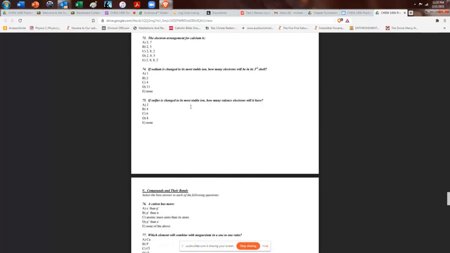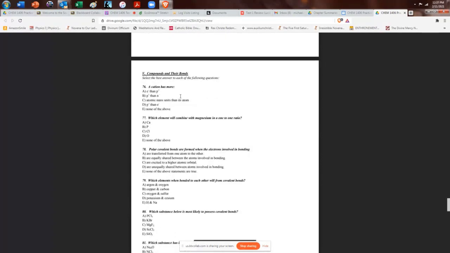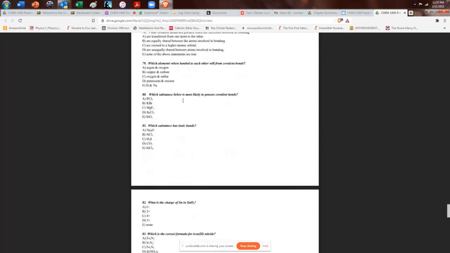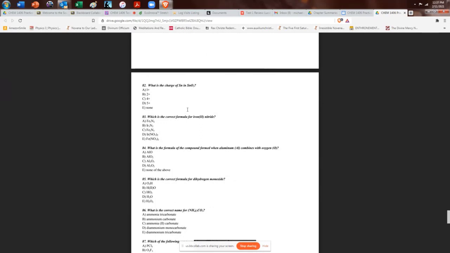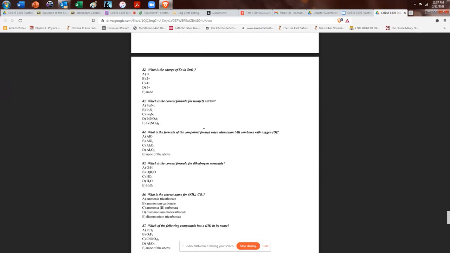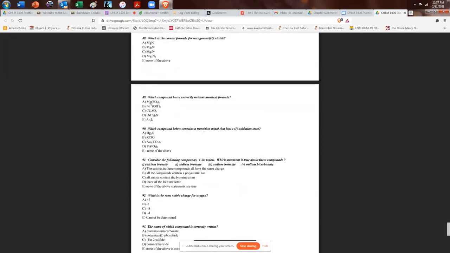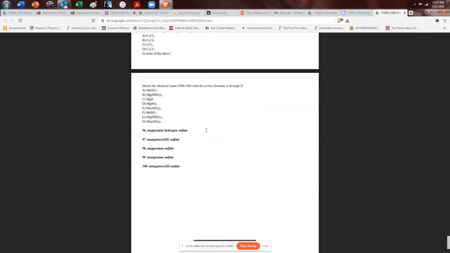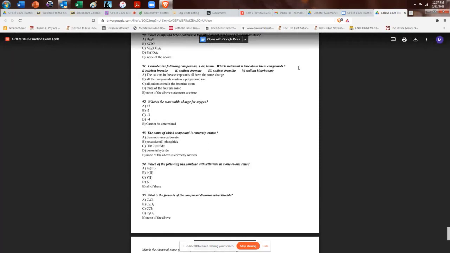And then there's electron arrangement, compounds and their bonds. Some of you are going to have some discussion about ionic versus covalent bonds and naming and writing of formulas and things like that. Some of you have already done that. So there are lots of questions like that over here. This practice test has a lot of different questions.